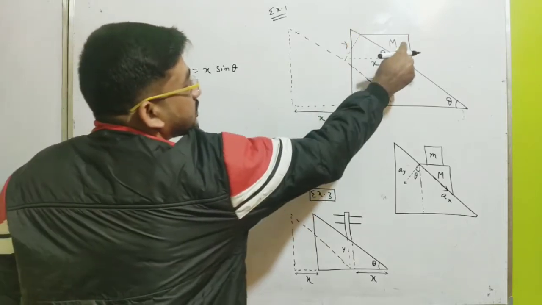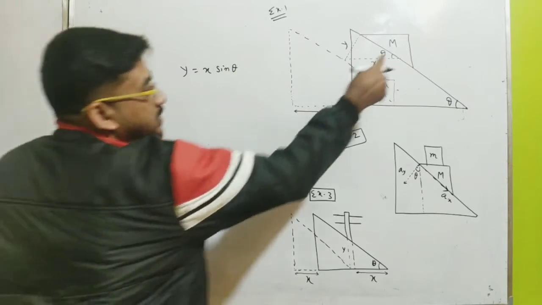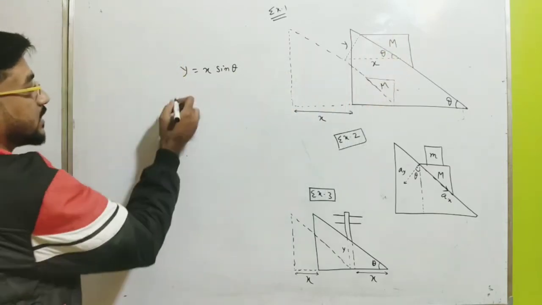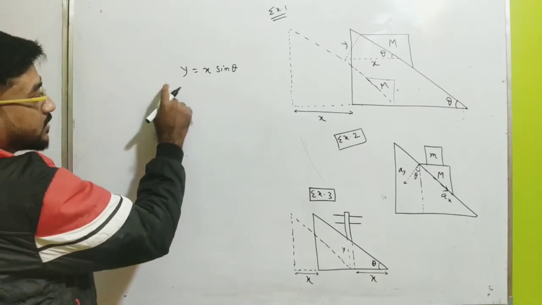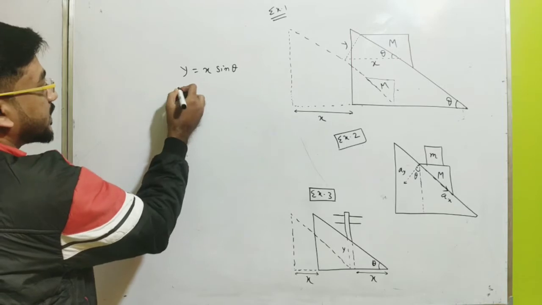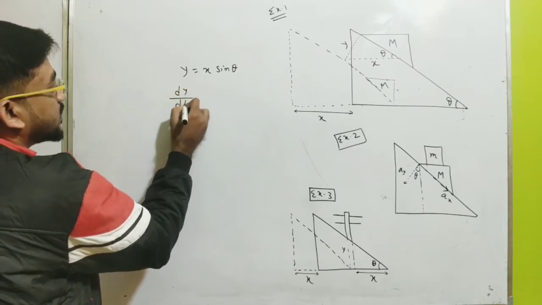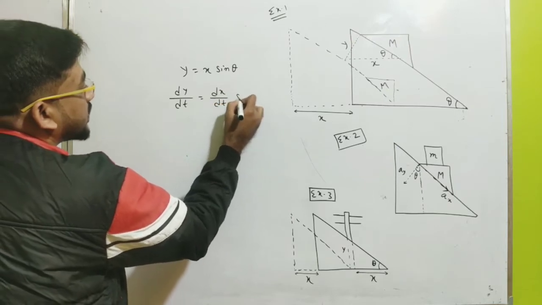Okay, so the acceleration along the y direction, which I have taken here, is the acceleration of this mass. Let me use small a for the acceleration of this small block. If we take the derivative, as theta is constant, dy by dt equals dx by dt times sin theta.